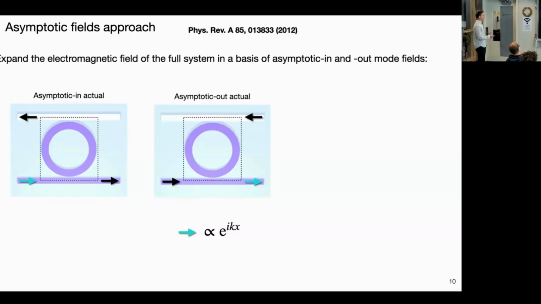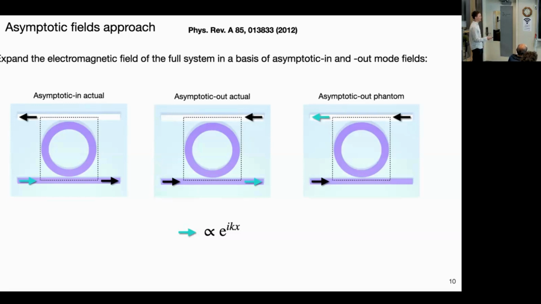And we can also write down an asymptotic out field for the actual channel. It's going to look like a plane wave propagating away from the scattering region, and then incoming components in the other waveguides. And finally, an asymptotic out field for the phantom channel. It has a plane wave propagating away from the scattering region in the phantom waveguide, and incoming fields in the other waveguides.